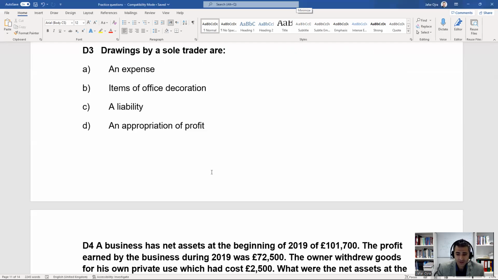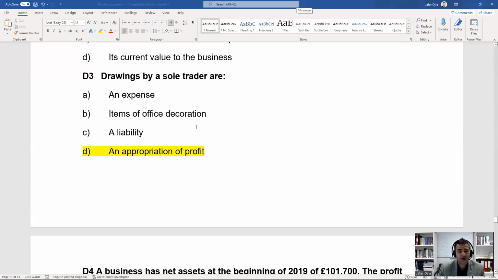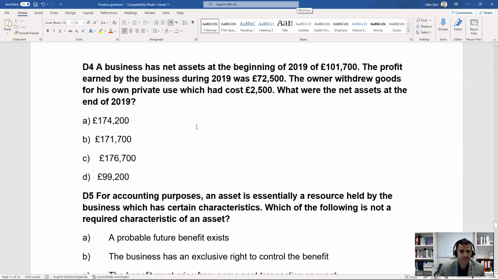So when it comes to drawings, the owner or the sole trader withdraws the profit itself, a percentage of profit as drawings. So the answer is D. This drawing only applies for a sole trader, it doesn't apply for a public limited or private limited company. Just bear this in mind.